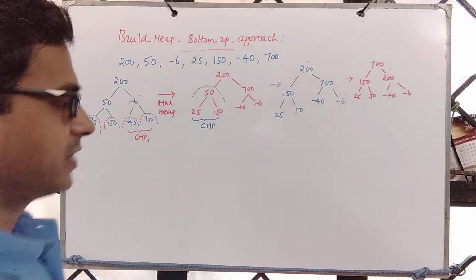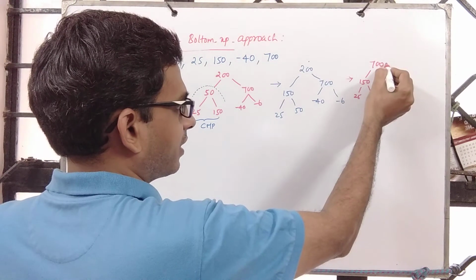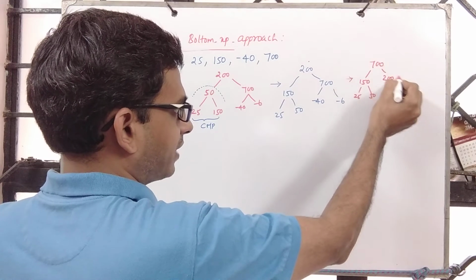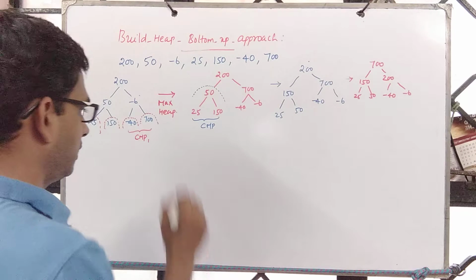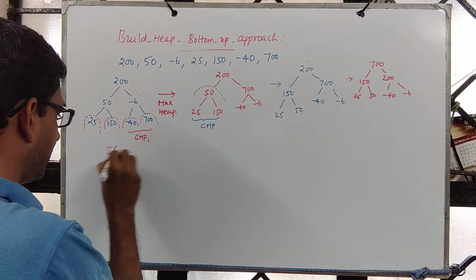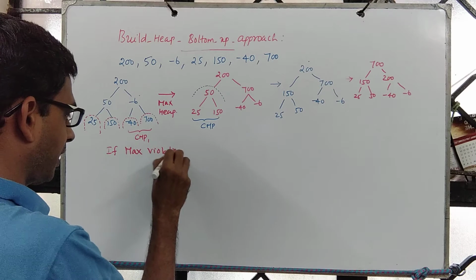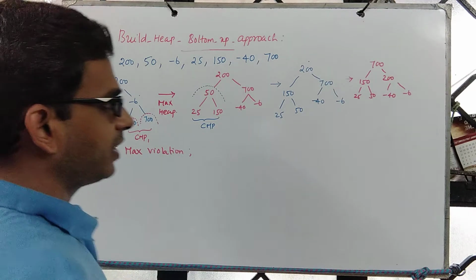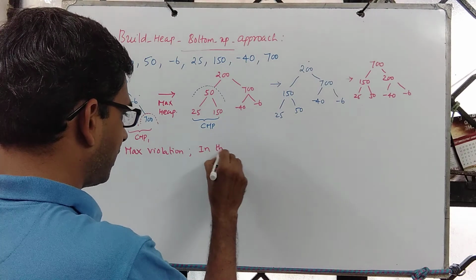But there are examples which we have seen before, where if there is a violation, I will have to swap it with this, then I will have to swap it with this, that's like order H. So if there is a max violation, then in the worst case, what can happen?